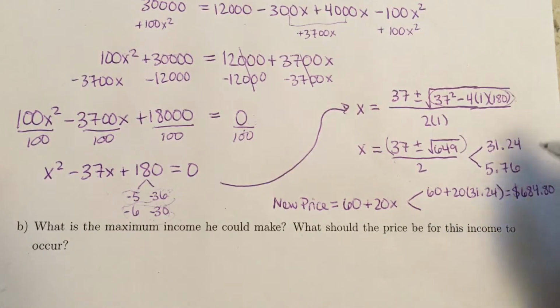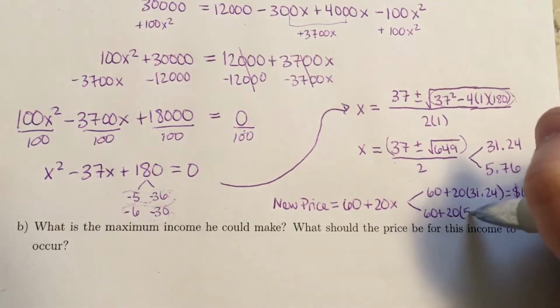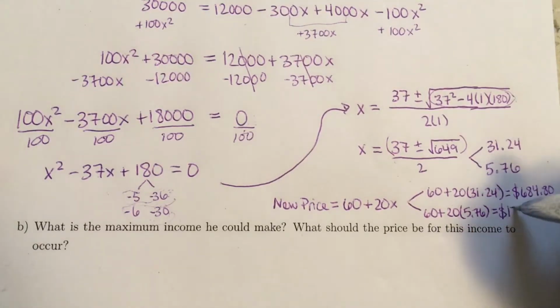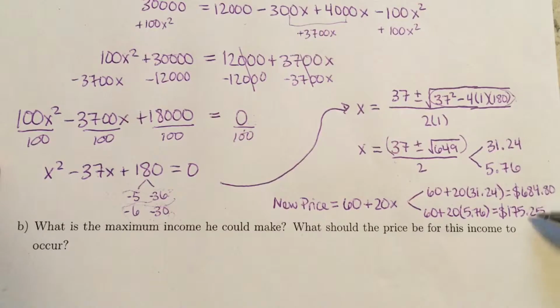Or if I put the 5.76 in, 60 plus 20 times 5.76, I got $175.25. And those are very rounded. They're not exact values, but this gives us an idea of what prices we could set for these paintings. And both of these prices for our paintings should be able to get us an income of $30,000. That was our goal.